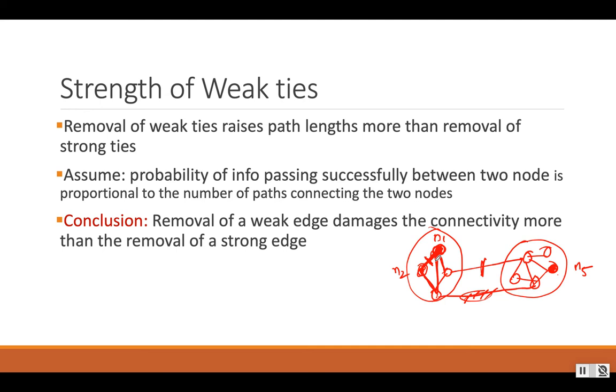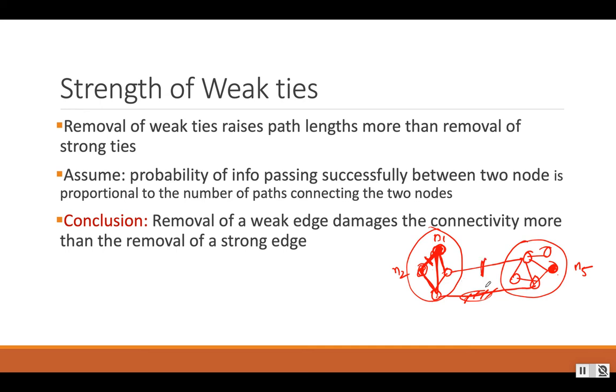So we can assume that the probability of information passing successfully between two nodes is proportional to the number of paths connecting the two nodes. We can conclude that if we remove the weak edge, that can damage the connectivity more than removal of the strong edge. We saw that removing a weak edge can partition the network, and if we remove a bridge, that will partition the network completely.